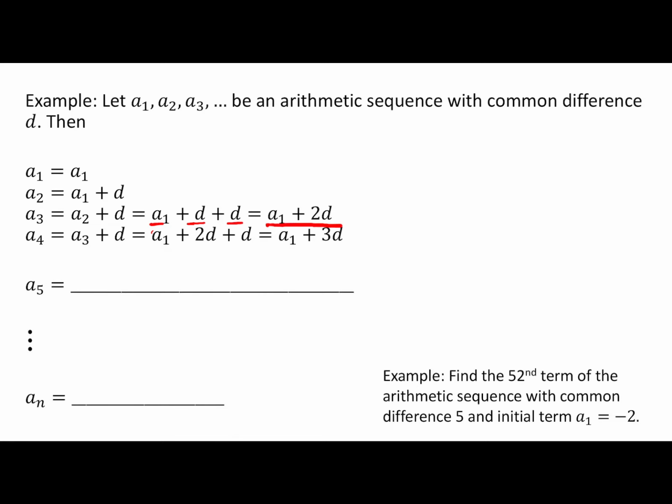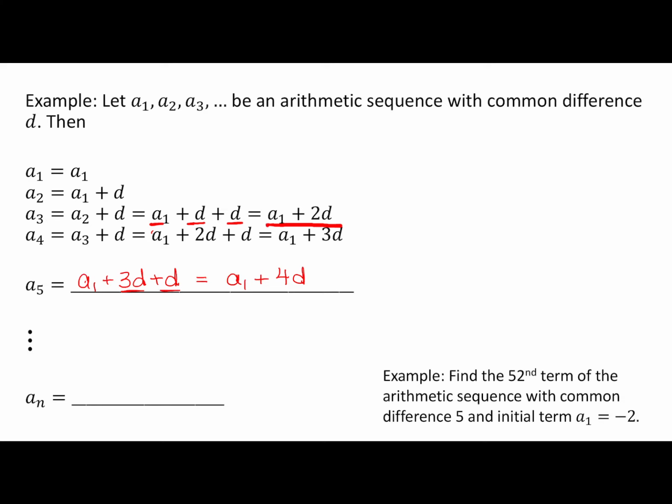And again, I can do the same thing. I'm going to take that term and add an extra D. That gives me A1 plus 3D for A4. For A5, I'm going to take the previous term, which was A1 plus 3D, and add D again. And that combines to give me A1 plus 4D. Right? 3D plus D is 4D.